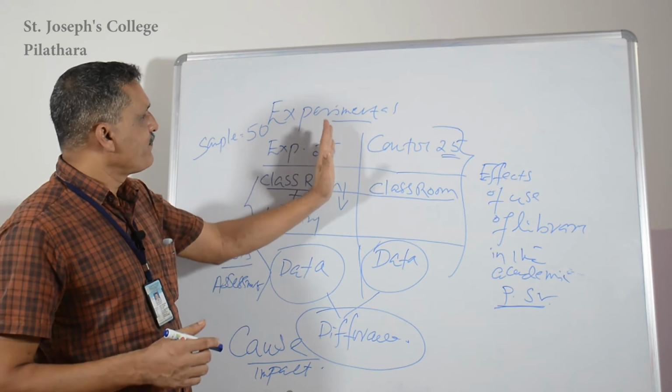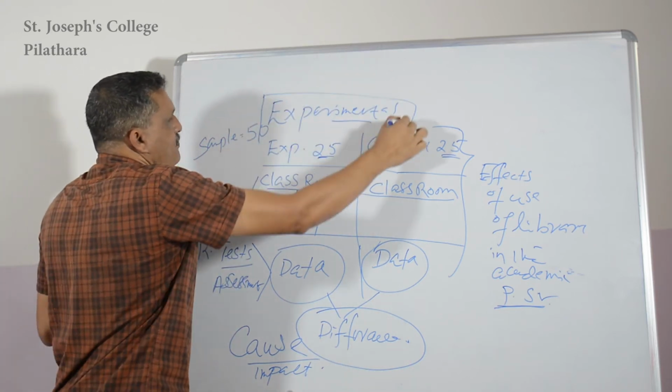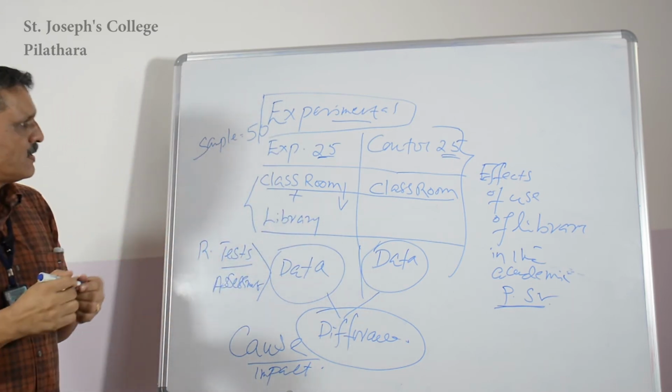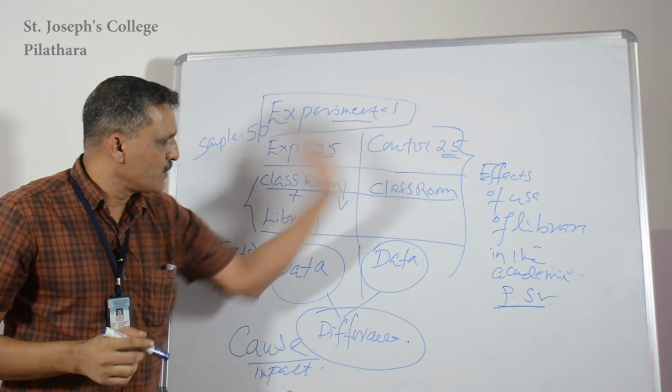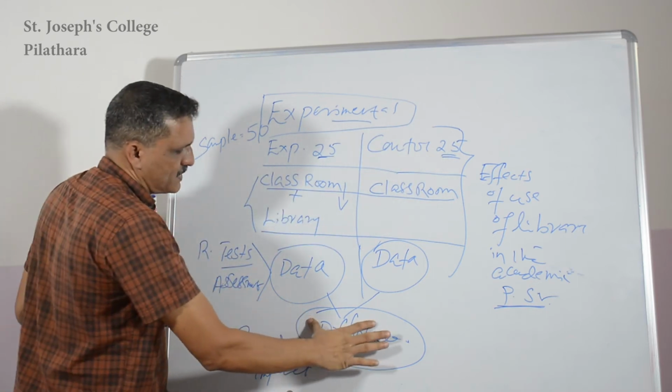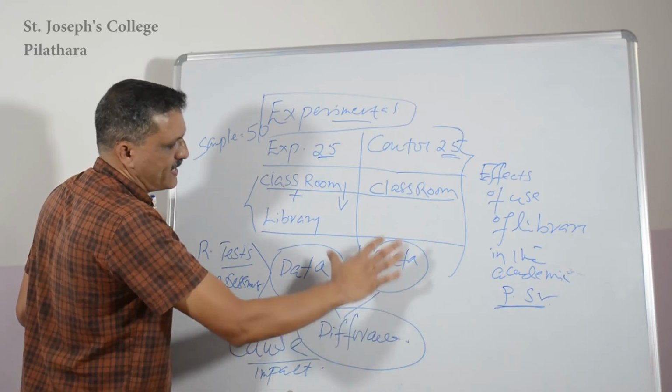In the experimental method, one good thing is that we have an experimental group and a control group, and we can assess the data, the output, that is the impact.